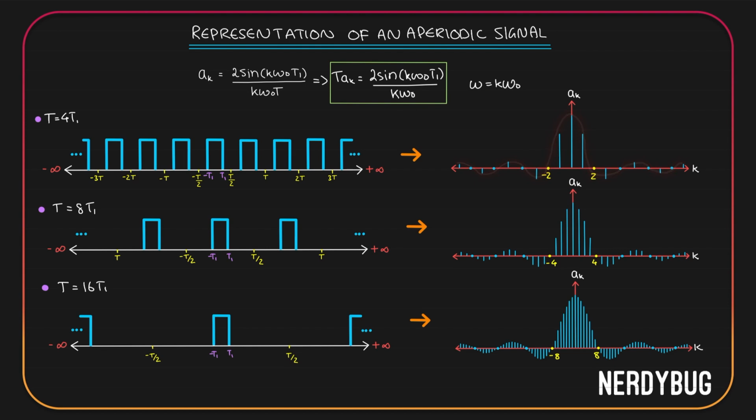That will look like this. So let us do that. Let us plot T a_k. For that, on the y-axis, I will take T a_k, and on the x-axis, we will take omega.